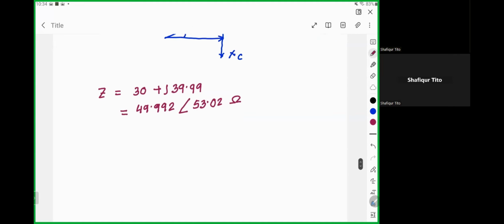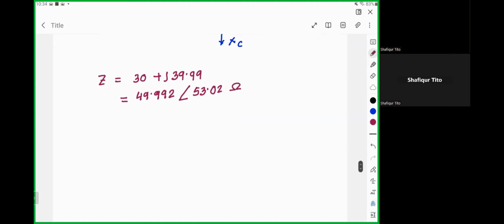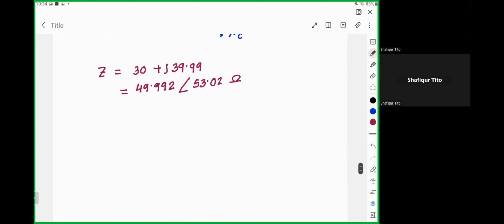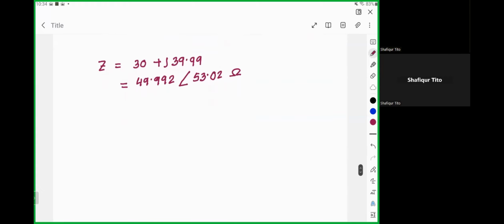Okay. So now we can redraw my circuit because we have found the simplified form. 53.1 is fine. So we will redraw the circuit to simplify it. This is my Z now, composed of all the quantities.